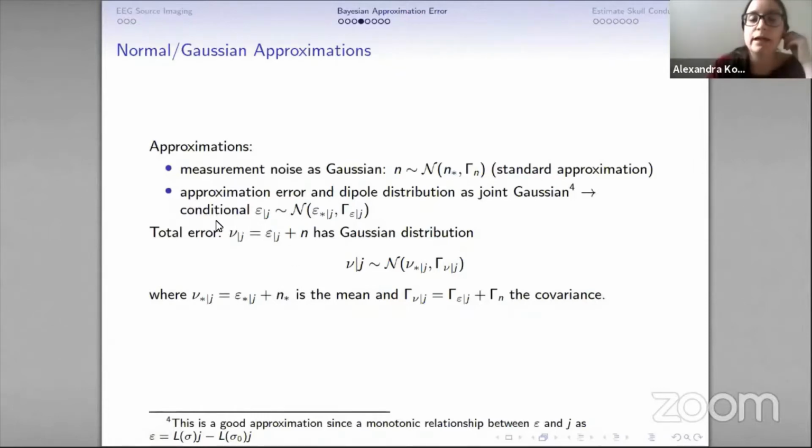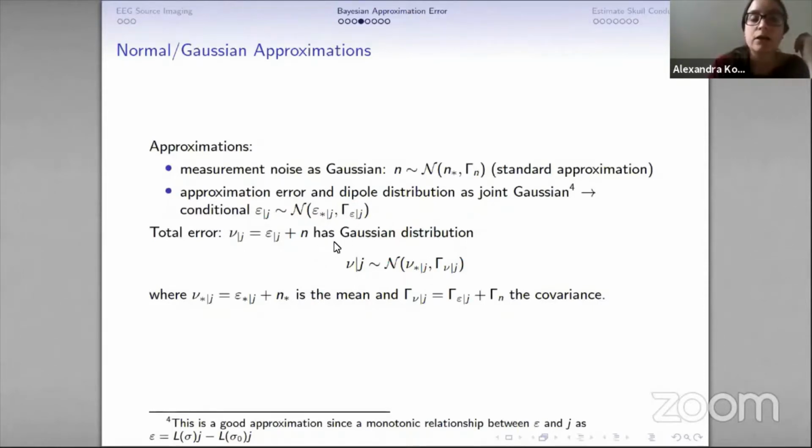And then we derive the conditional. Since the joint distribution of epsilon and J is Gaussian, the conditional of the approximation error is also Gaussian. This notation shows that epsilon star is the mean and gamma epsilon is the covariance.